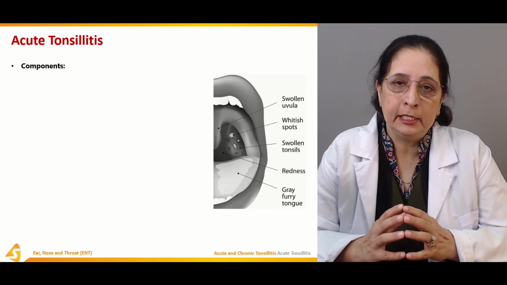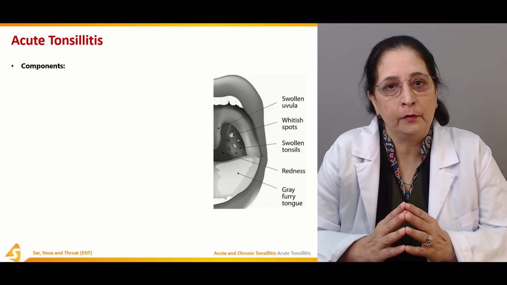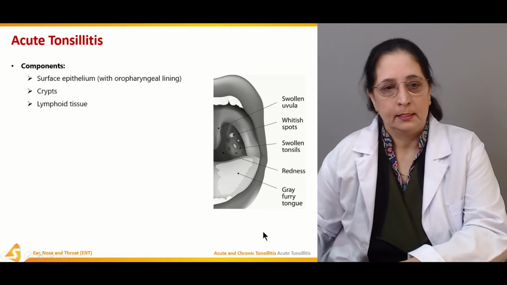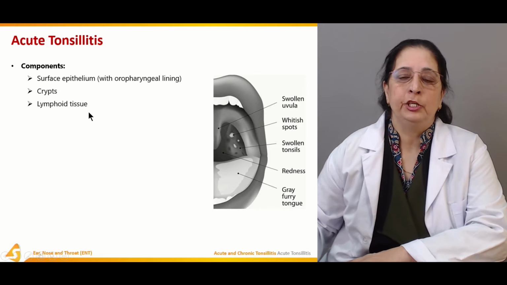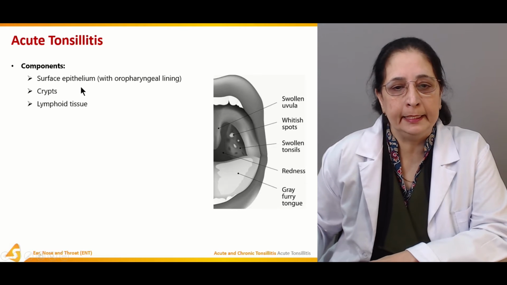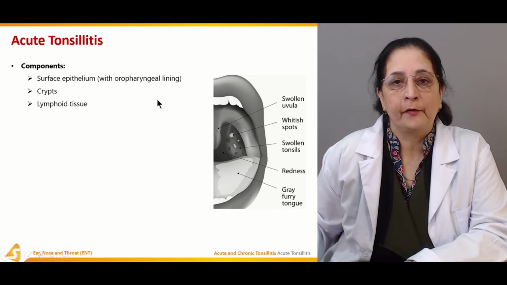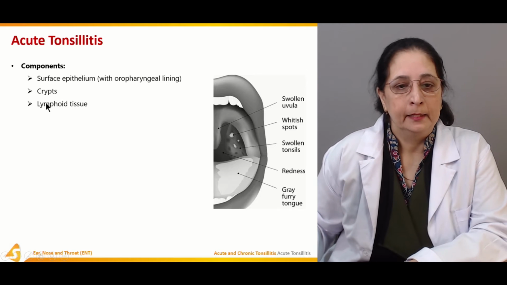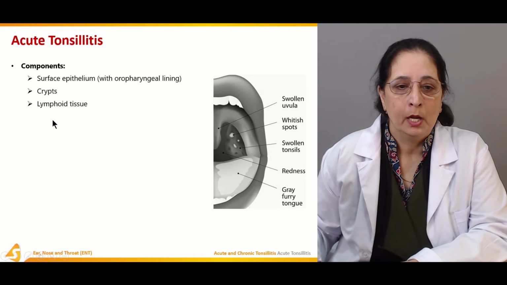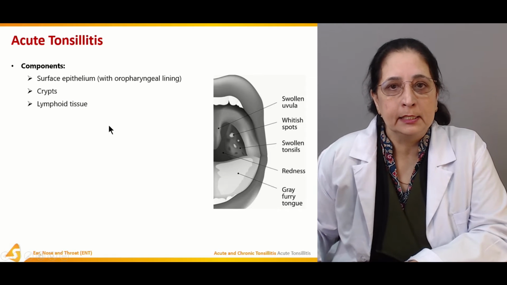So it's the condition which is present there for a short time, not for a long time. The components of acute tonsillitis are the surface epithelium with oropharyngeal lining, then the crypts present in the tonsils, and the lymphoid tissue.